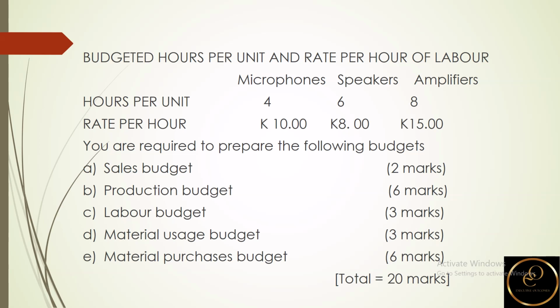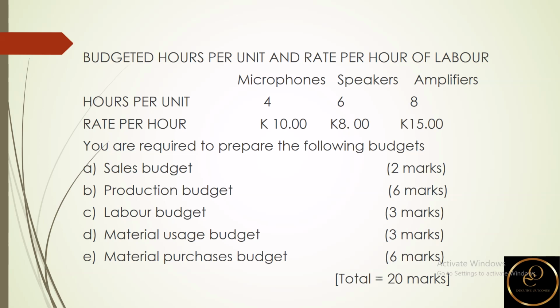Then it also gives you the cost per hour, the rate per hour, which is in this case 10 kwacha per hour if you are working on microphones, 8 kwacha per hour if you are working on speakers, and 15 kwacha per hour if you are working on amplifiers. So what tasks do we have?